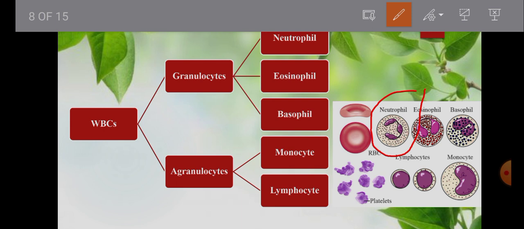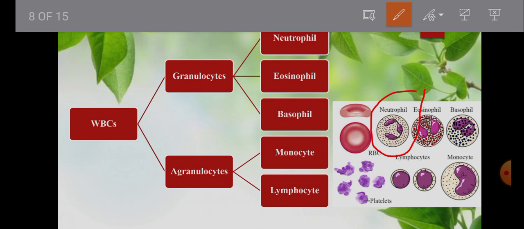That is why they are also called polymorphonuclear. What is the reason for that? Because they have got a 3 to 5 lobed nucleus. That is why they are known as polymorphonuclear. And neutrophils are the most abundant cells of the total WBC. That means in 100%, 60 to 65% of the total WBC is which one? Neutrophils.